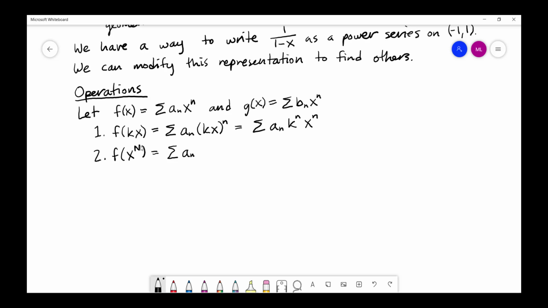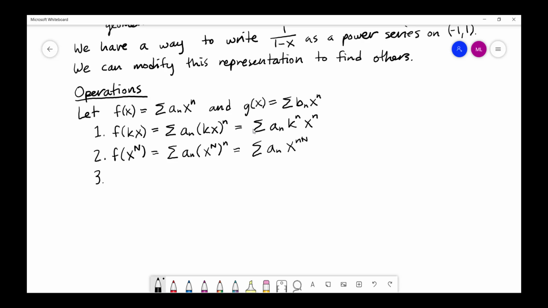So we will get a sub n times x to the capital N raised to the lowercase n. And if we simplify this, when you have a number raised to a power, and then raise that again to a power, you multiply the powers together. So this is simply x to the lowercase n times capital N.